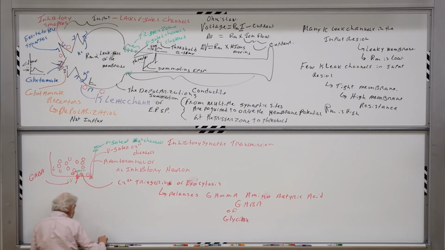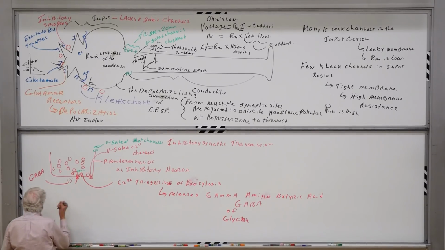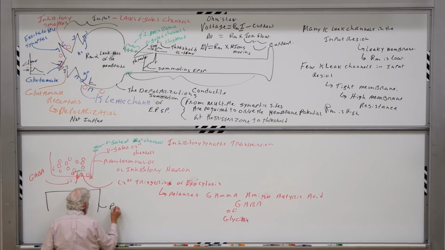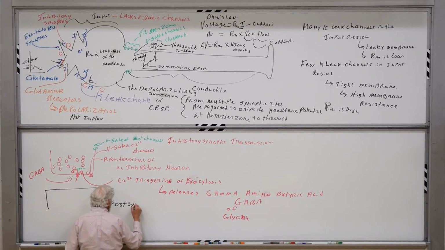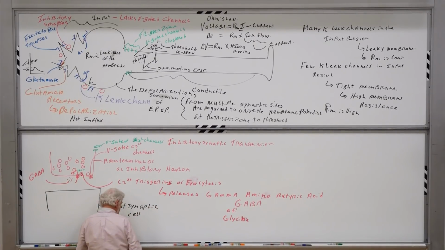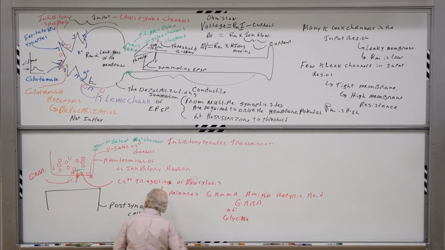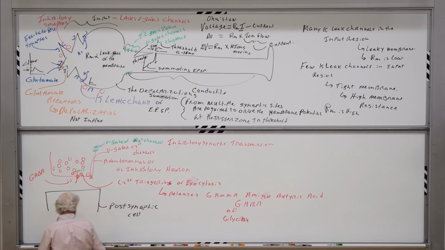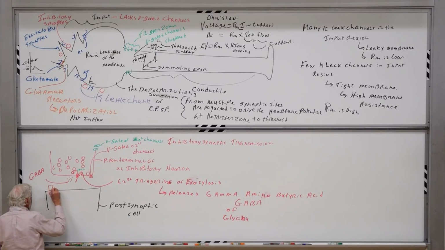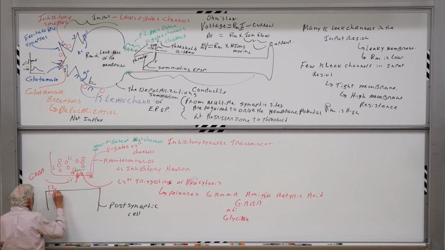And we see the same pattern as before. Over here on the postsynaptic membrane, this is going to be the postsynaptic cell. There will be in this membrane another set of channels that we've seen before.